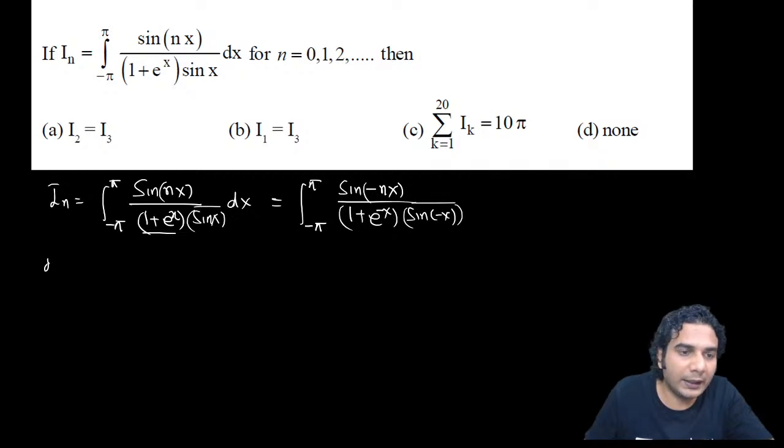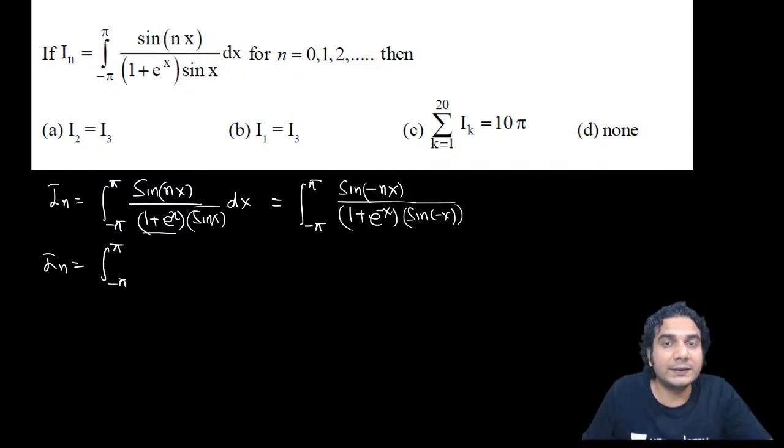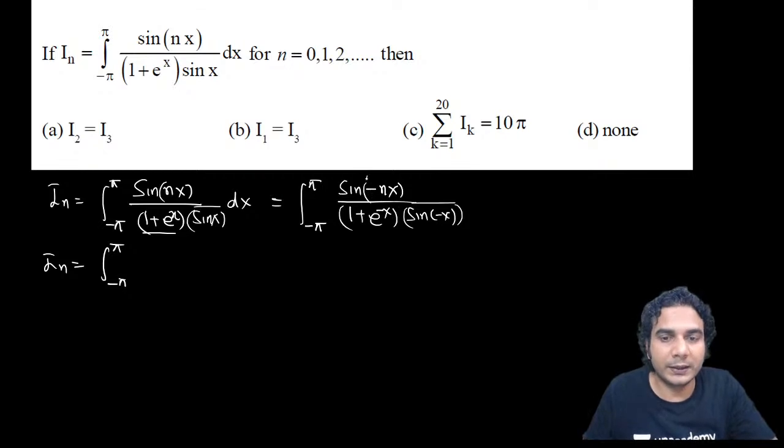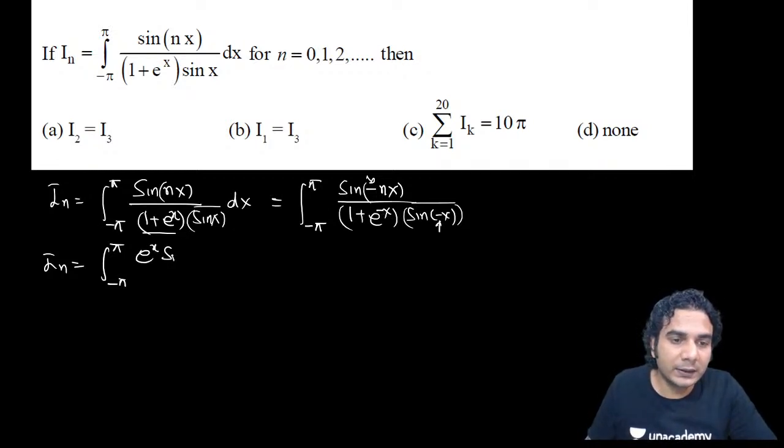So simplify this: minus pi to pi. This minus and this minus in the numerator will cancel each other. And e raised to minus x can be written as 1 upon e raised to x. If you take LCM, it is going to be e raised to x sine nx divided by 1 plus e raised to x sine x, right?